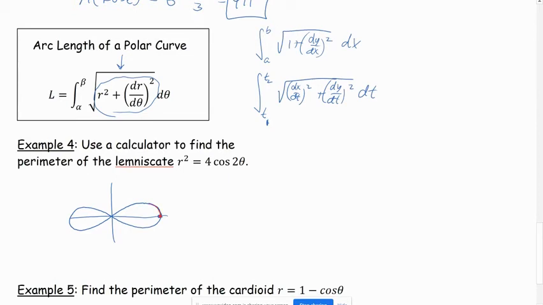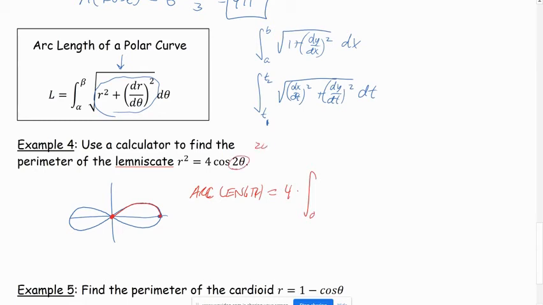So if I go from here until it touches the pole the first time, we're going to multiply that by 4. So the arc length equals 4 times the integral from 0 until it reaches the pole for the first time.